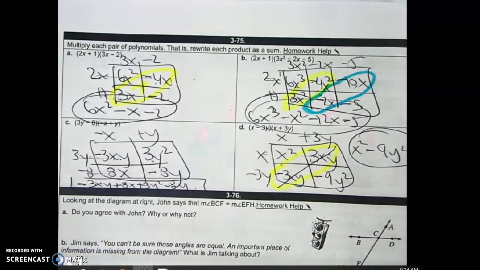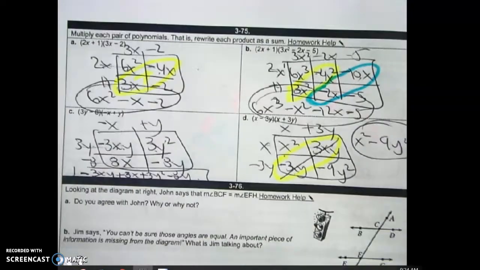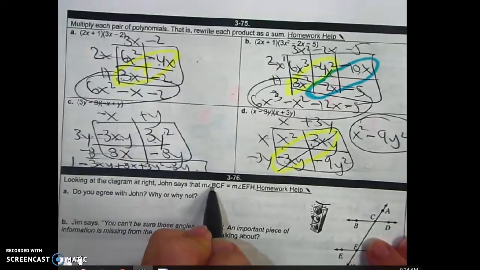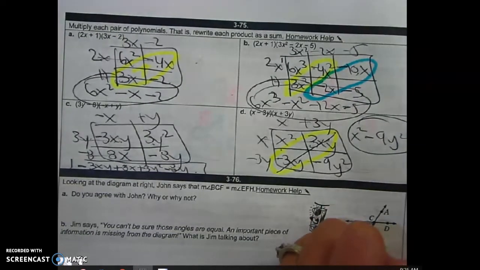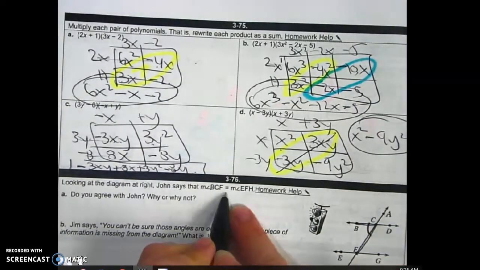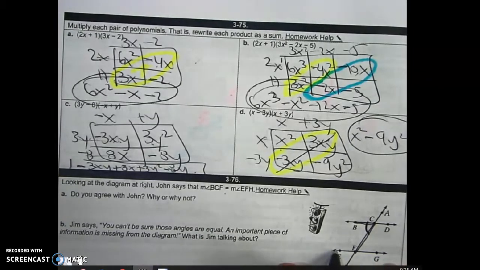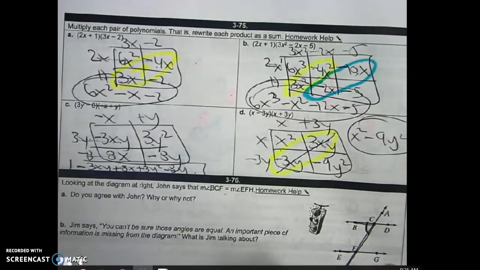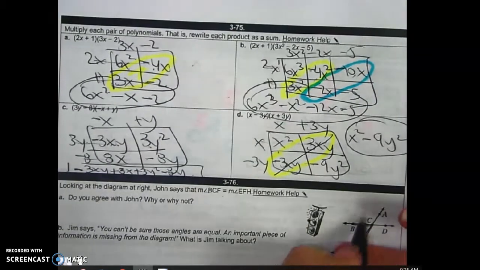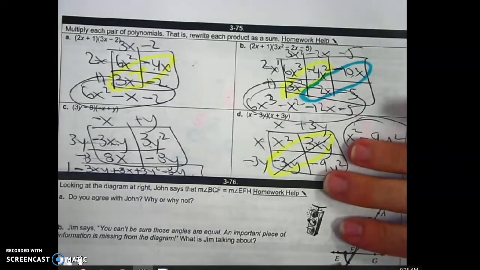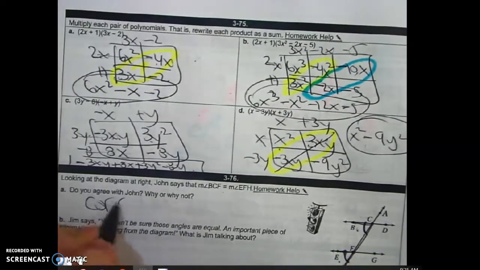Okay? All right, let's look. They said angle BCF. So BCF. So this angle right here is equal to angle EFH. If you look here, this is bottom left. If you look here, this is bottom left. So they're corresponding.